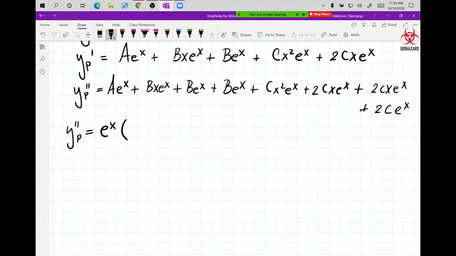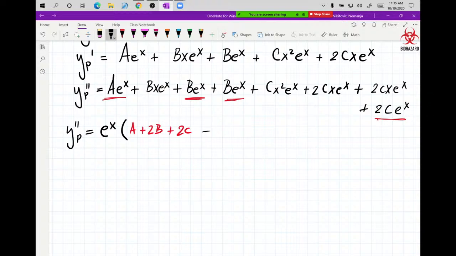So when I factor e to the x, what do I have? What are my e to the x's, right? This one is a vanilla, this one is a vanilla, this one is the vanilla, and this one, right? So I have a plus b plus 2b. So a plus 2b plus 2c.